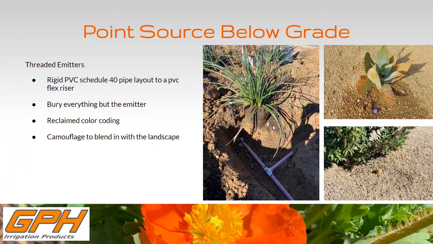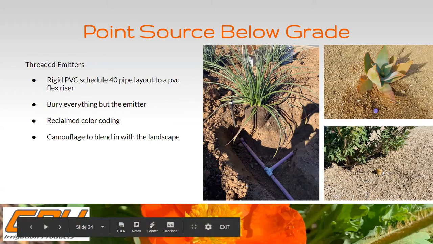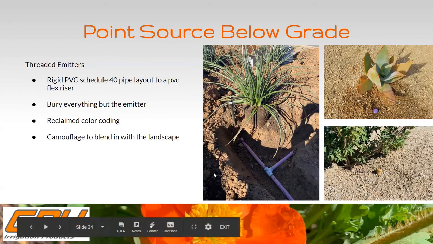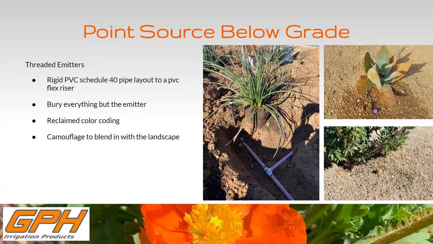Here they're going to do mulch. Here there's some DG, and also some older DG. I know there's the color coding for the reclaimed, and also this is more of a camouflage color. There are different colors of emitters that blend in with the landscape a little better, so you can choose the brown colors if you don't want to see the black or the standard color-coded emitters for point source.